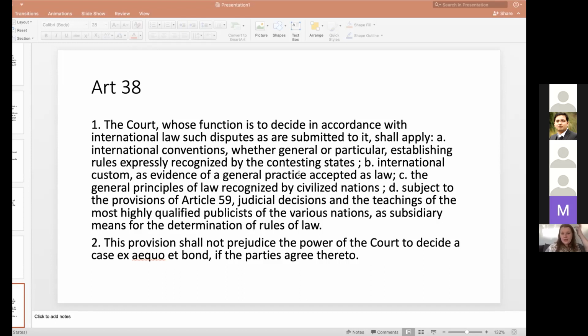If any party to a case fails to perform the obligation, the other party may have recourse to the Security Council, which may, if it deems necessary, make recommendations or decide upon measures to be taken to give effect to the judgment.